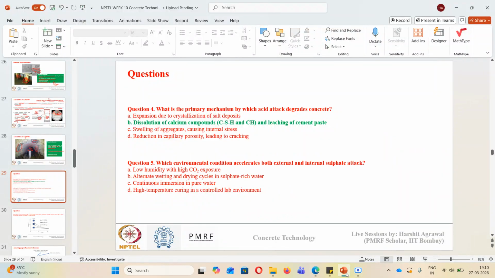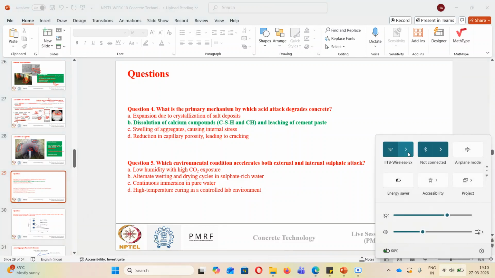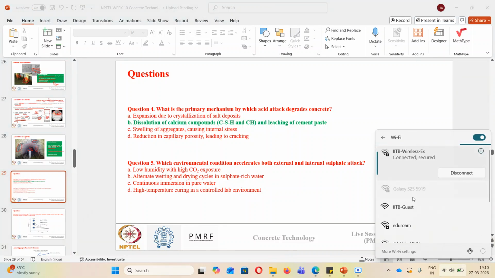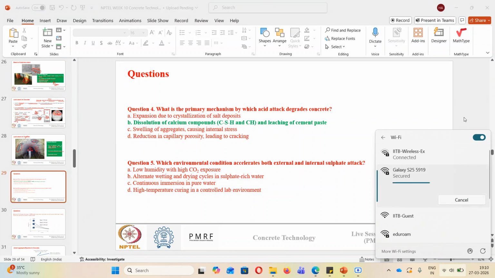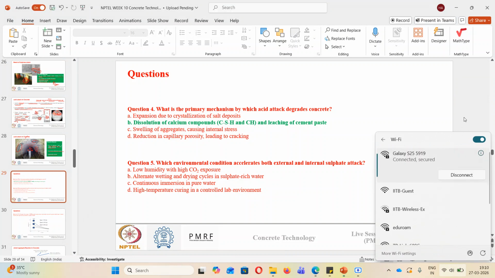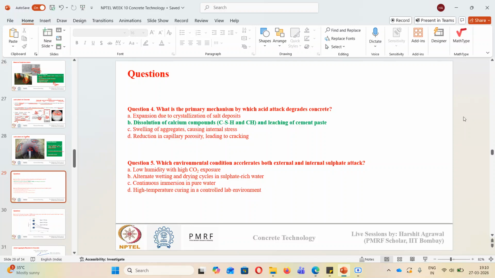Question number 4 answer was B. What will be the answer for question number 5? Which environmental condition accelerates both external and internal sulfate attack?